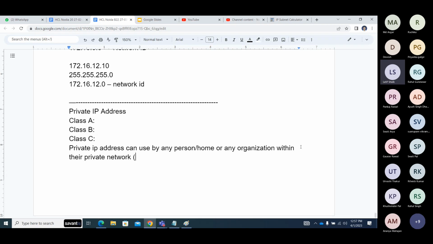Exactly, say LAN. In your LAN, you can use it. No need to pay for private IP addresses.